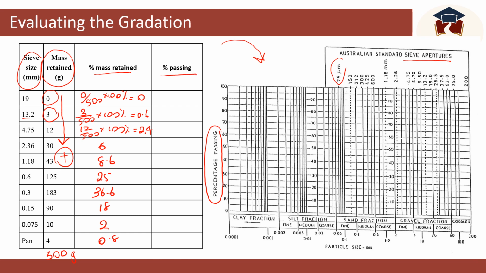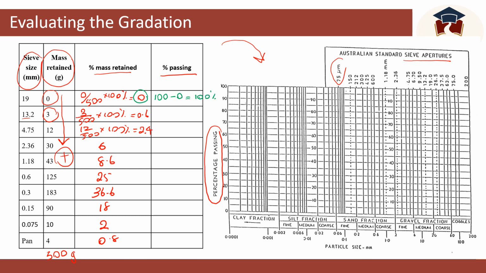To find that, we use 500 grams, nothing retained in the first sieve, that is 100% passed. So this will be 100. How we calculate it is 100 minus whatever we have here, that is 0. So this is 100%.